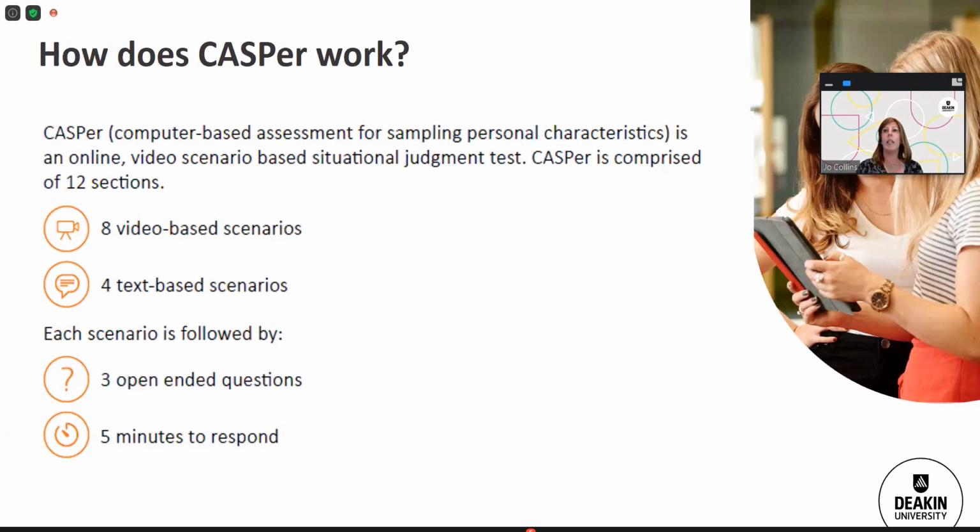So it's a video-based tool and text-based tool. As Damien has said, it's a computer-based assessment for sampling personal characteristics. That's the acronym there, and it's an online situational judgment. So what that means is that you have 12 sections, 8 are video-based and 4 are text-based situations.